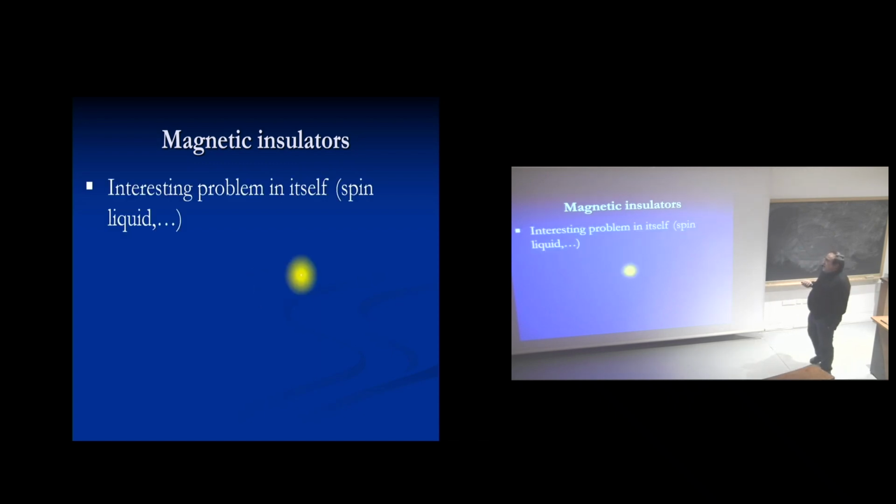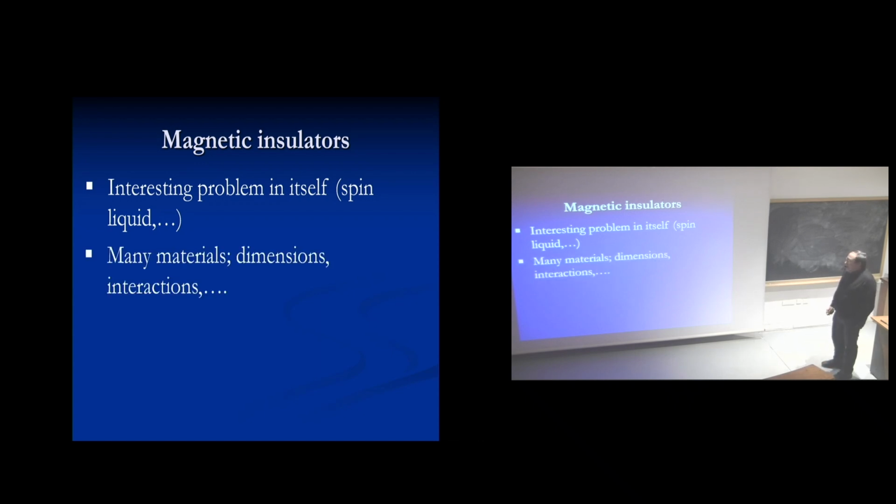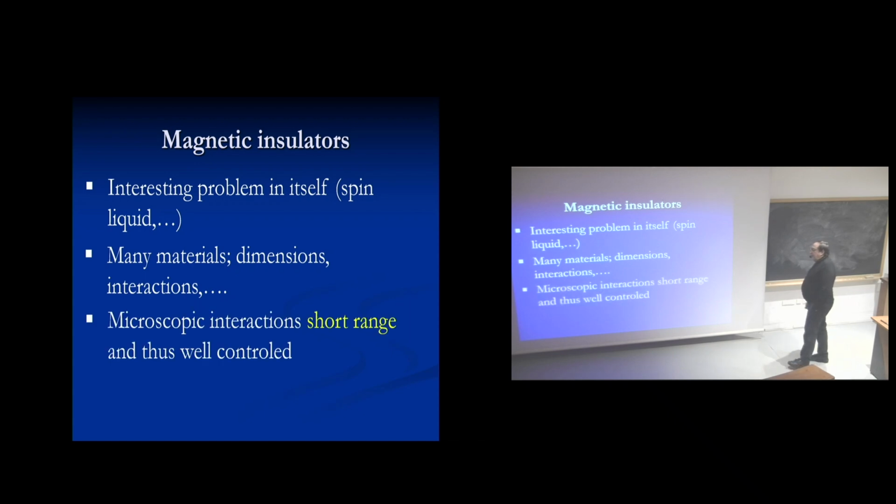So, of course, magnetic insulators are an interesting problem in themselves. They have a lot of exotic phases. I won't certainly try to exhaust them here: spin liquids, various forms of weird excitations, and so on. People have been studying this field intensively. They cover many materials, many dimensions, many forms of exchange: nearest neighbor, next nearest neighbor, plaquette, and so on.